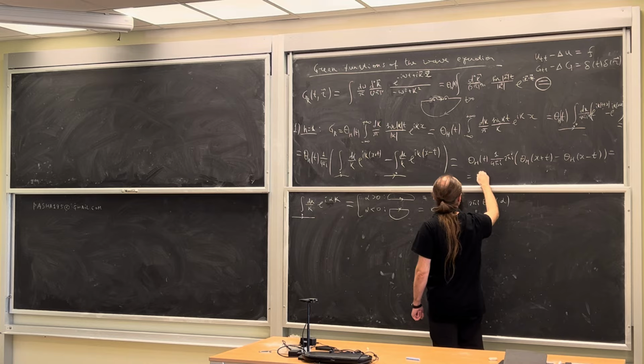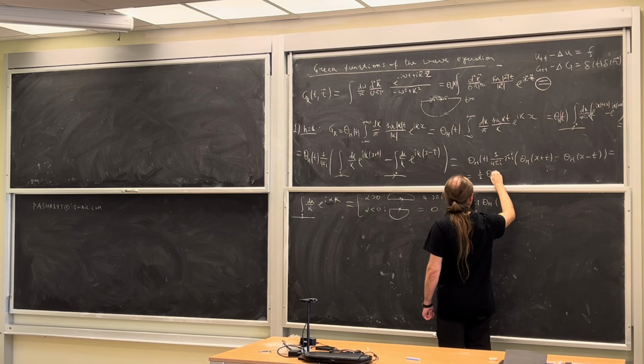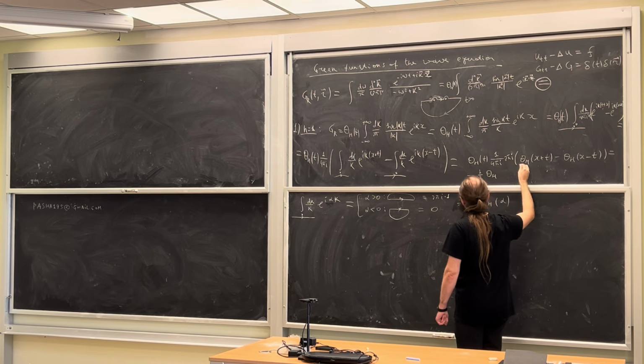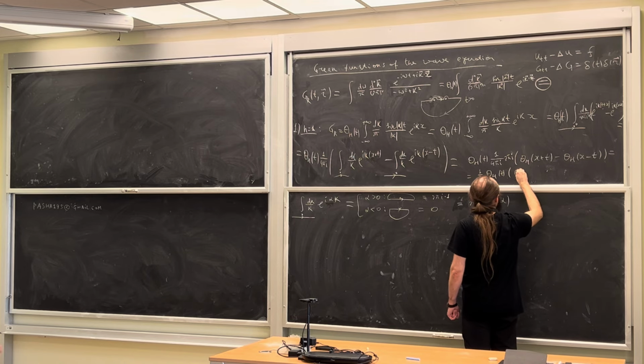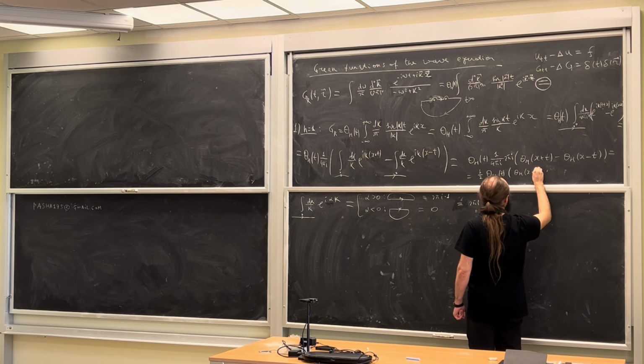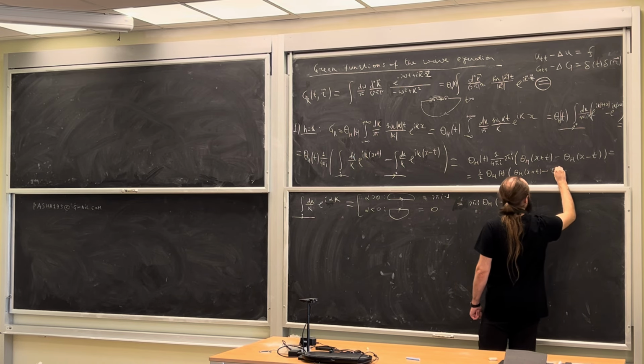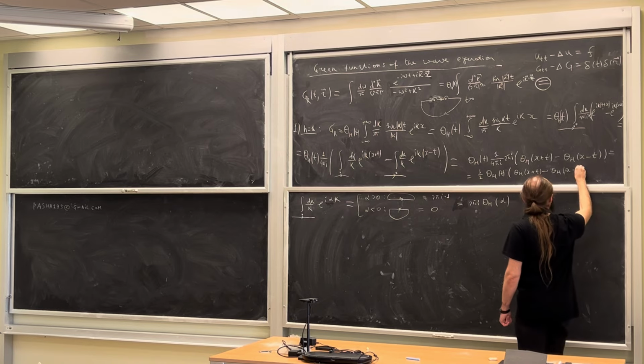So it is 1/2 heaviside theta of t, heaviside theta of x plus t minus heaviside theta of x minus t.